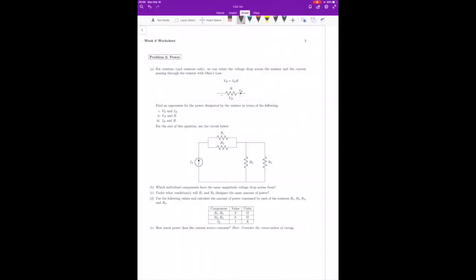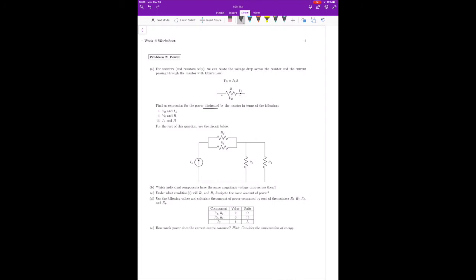Okay, on to the second problem. This one's going to be related to power, and specifically we're first looking for power dissipated by resistors. Typically, resistors are going to be using power, and voltage sources, any kind of sources, are going to be generating power. Using power is basically known as dissipating power.